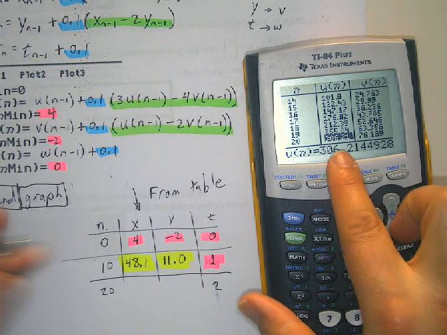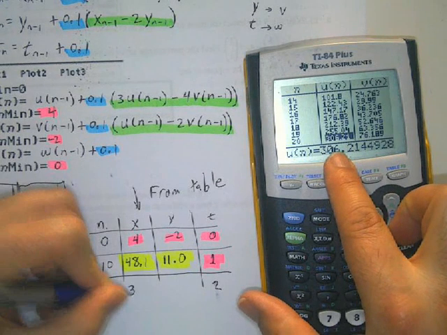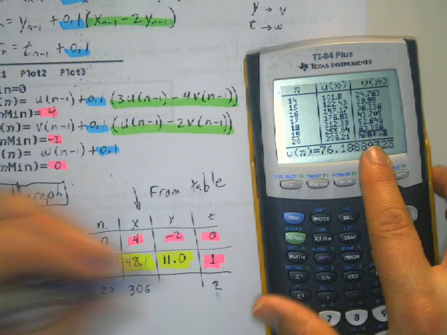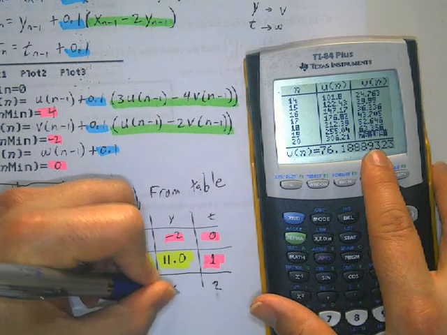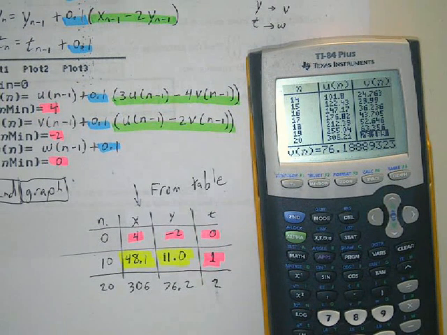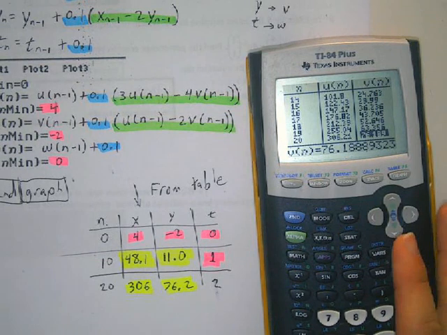So at 20, my x value is 306 and my y value is 76.2. Okay, and so what did we do?